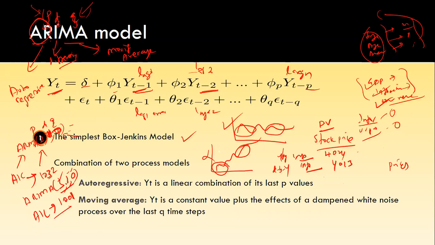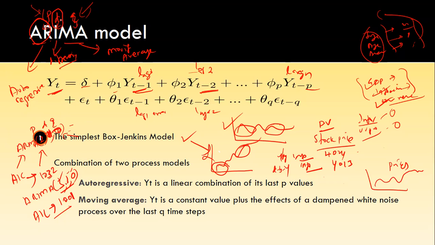How do you convert this? By taking the difference, yesterday's stock price minus today's stock price. By subtracting and finding the difference, you can convert non-stationary data like this into stationary. Supposing I took the differencing, and even after that I can see the trend still there, you need to take the difference one more time.